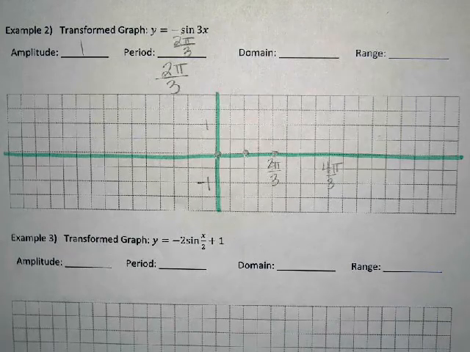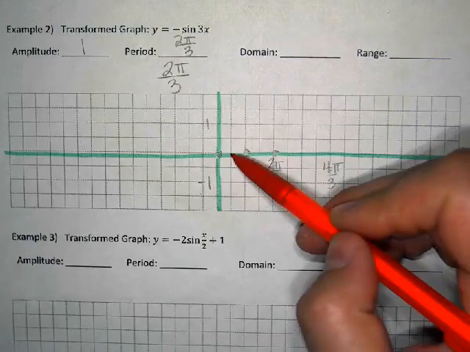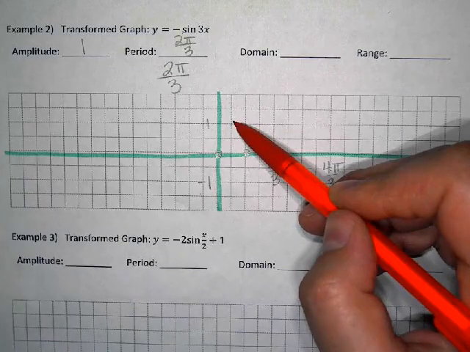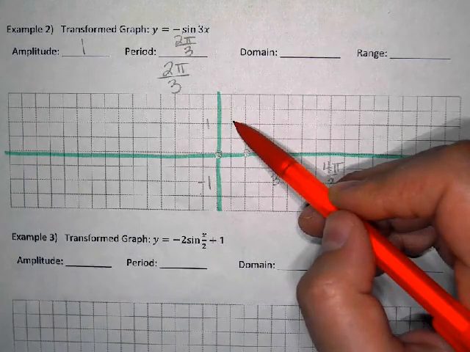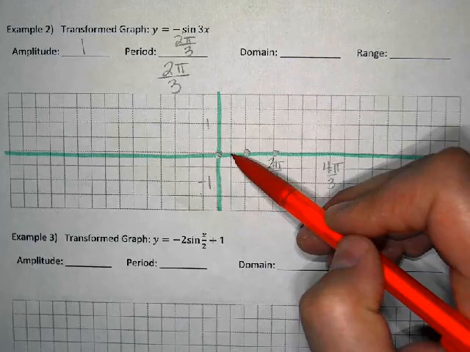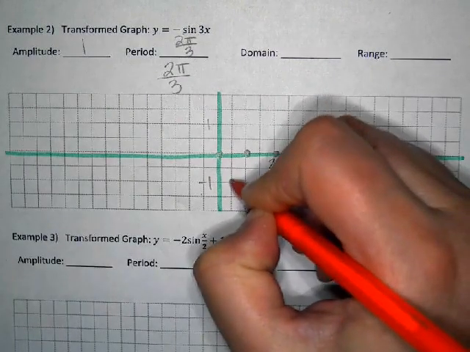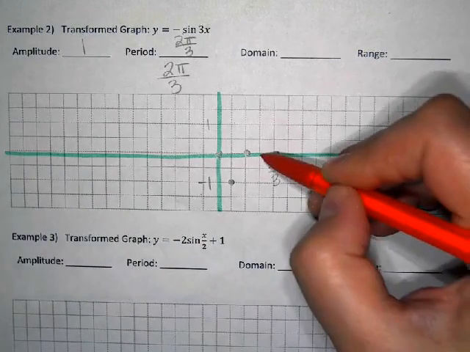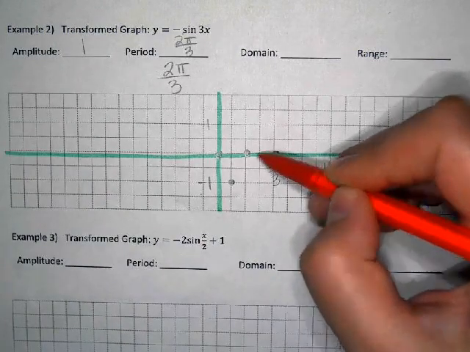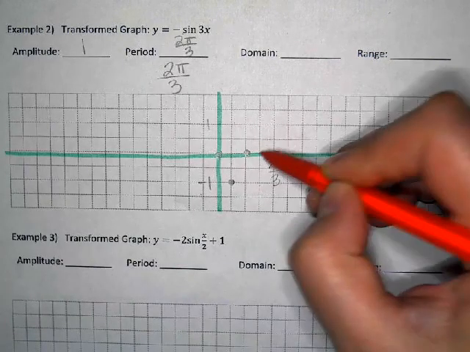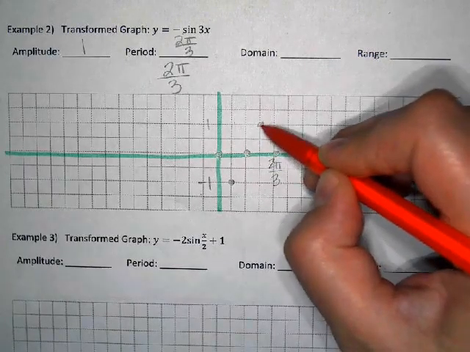That's normal. But this graph isn't normal, this graph is negative. So what do we do between the first 2 points? We're going to go down to -1. Now what's normal is between the second 2 points we would go down to -1, but this graph is not normal. We're going to go up to +1 instead. This graph is backwards.